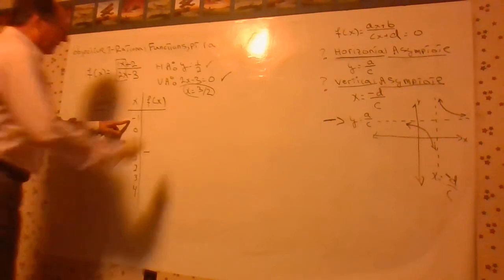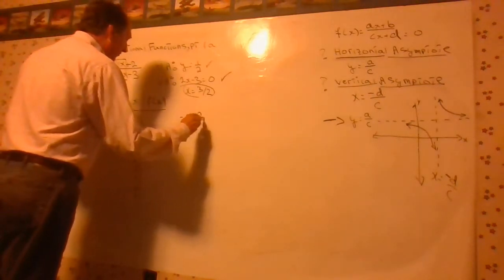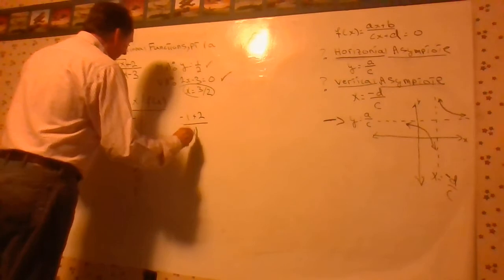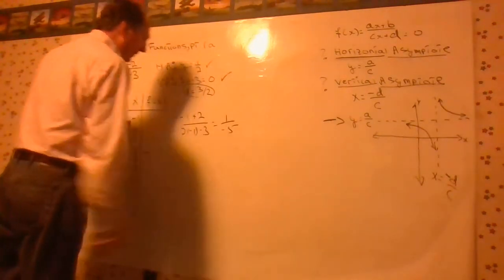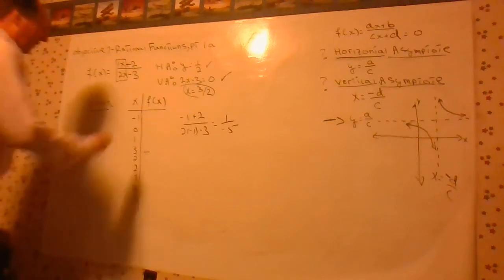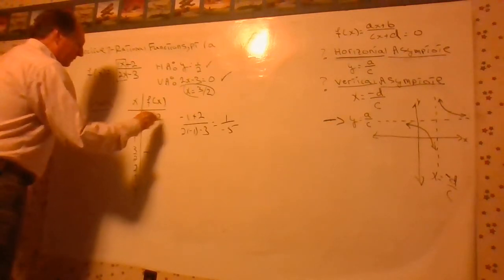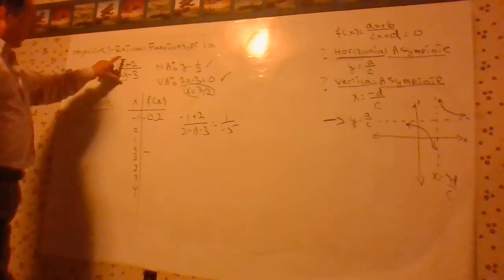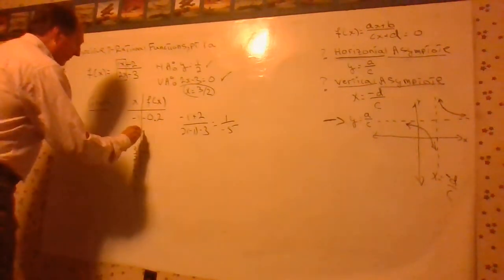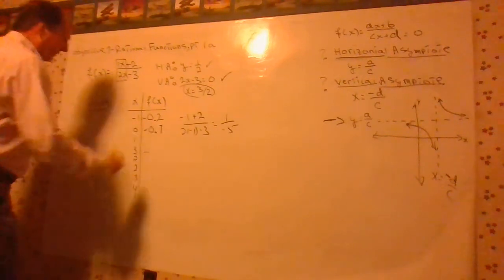We substitute negative 1, we get negative 1 plus 2 over 2 times negative 1 minus 3, 1 over negative 5, and that's negative 0.2. If we substitute 0, that drops out. We get negative 2/3. I'll just say negative 0.7.